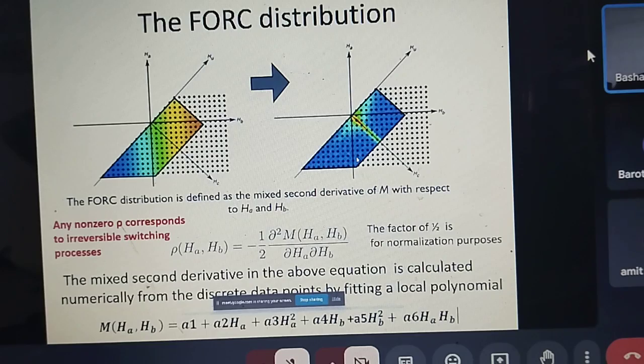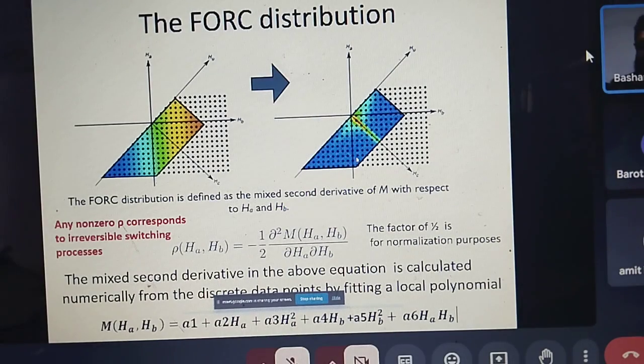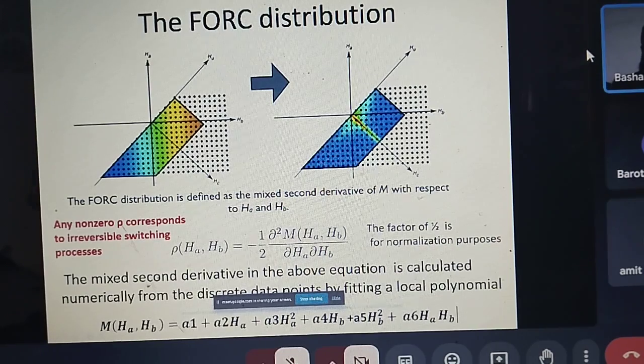So once we get the magnetization surface, now we have to find out the Preisach distribution or the FORC distribution. Now we have to look at this magnetization data to find what our Preisach distribution is, what our FORC distribution is. For that, we normally do a mixed derivative, a partial derivative of magnetization with respect to the reversal field and the applied field.